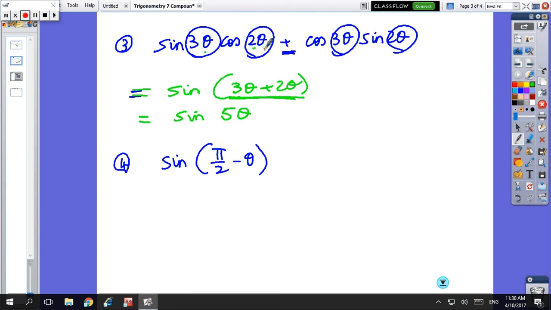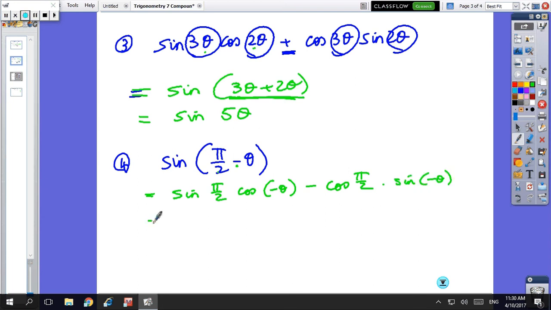Okay, this next one, we're having a look at an interesting relationship when you have 90 minus theta. So we've got a sine relationship, so we've got sine of pi on 2 cos of minus theta, and we've got a minus, so we keep the signs the same, and then we switch it to cos of pi on 2 times sine of minus theta.